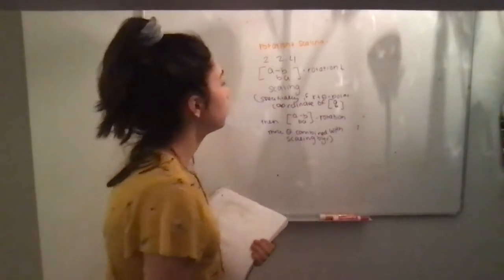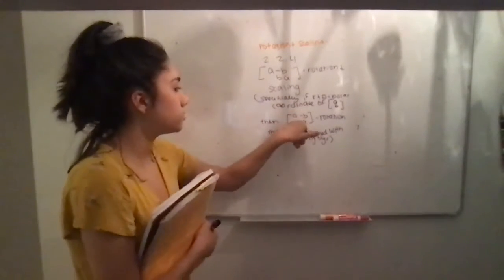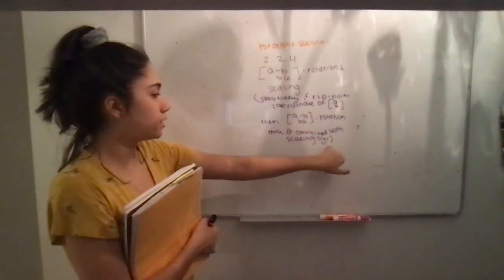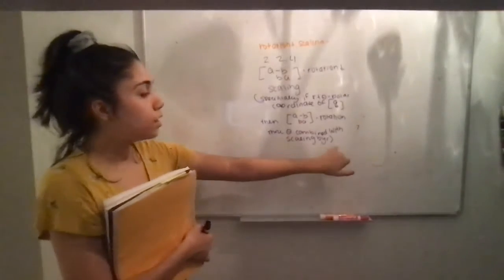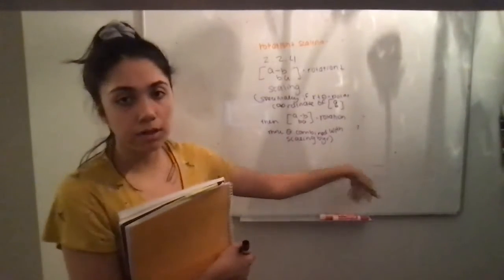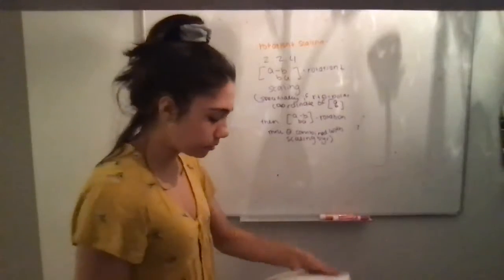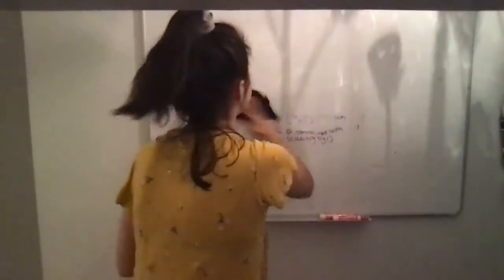In other words, you basically take your normal rotation matrix and then you multiply that by a scaling by whatever amount r is. And remember, r is defined by that length, that distance formula. So that's when you have to deal with both of those things going on at once.